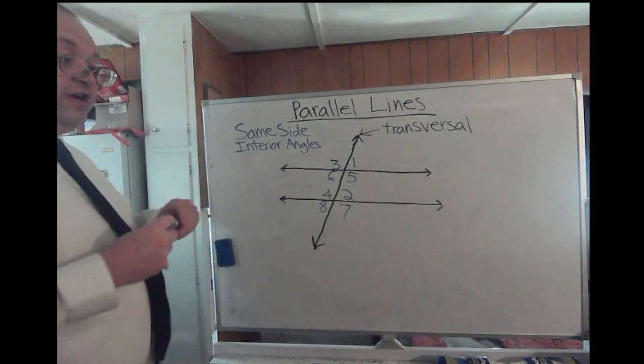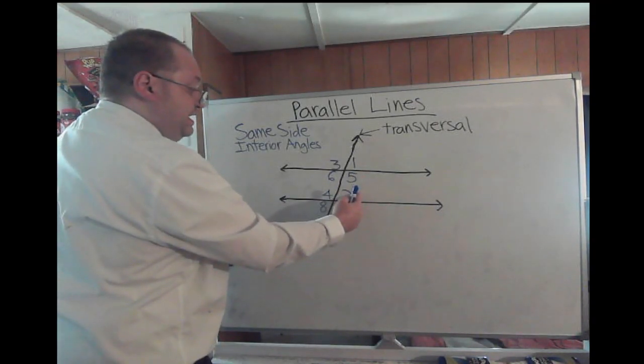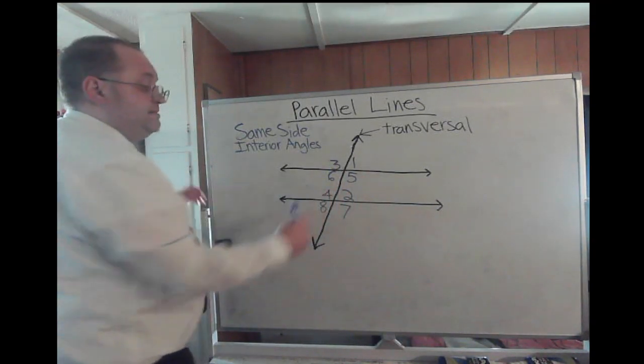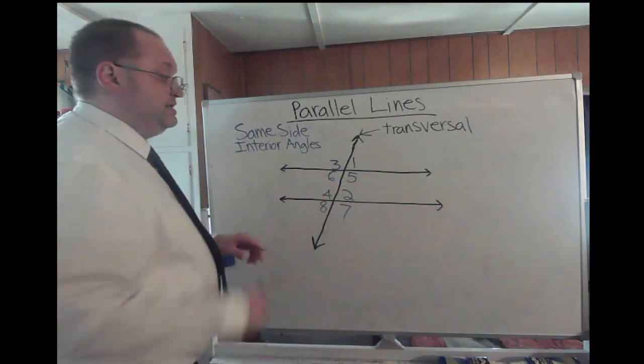Same side interior angles, such as 2 and 5, they're on the same side. 4 and 6, they're on the same side in the interior between the two parallel lines.